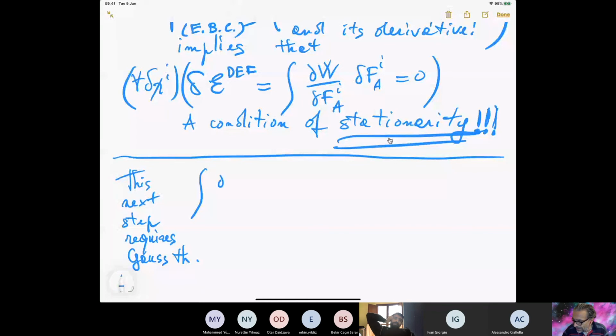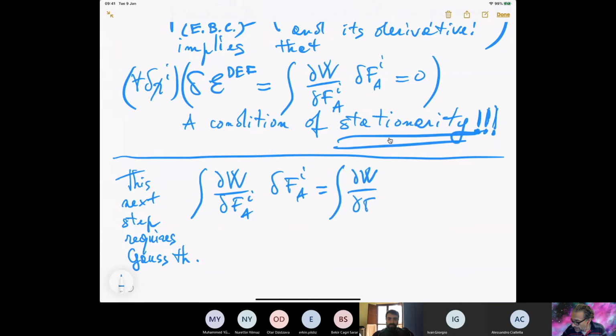So I write dW over dphi_i delta phi_i. And I remember that this is equal to the partial derivative with respect to x_A of delta chi_i.